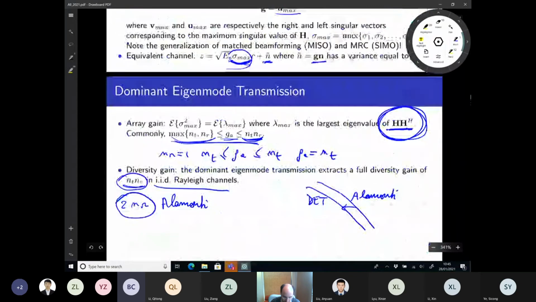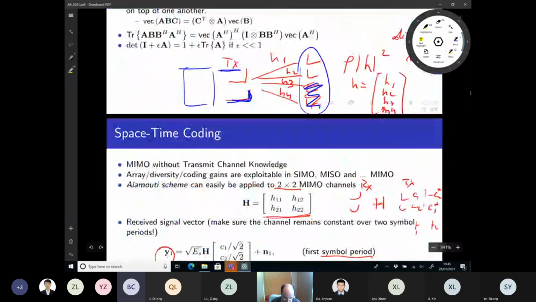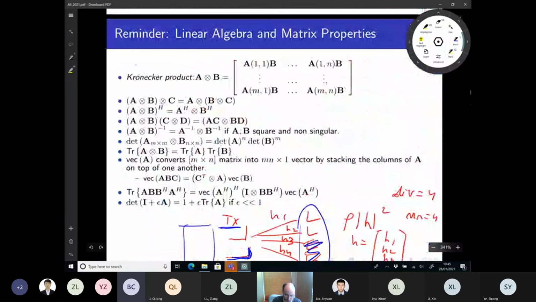In the reminders here you have the Kronecker products: you take any entry of A and multiply by B, so you get a very expanded matrix. Some properties of Kronecker products are given here. Not sure we're going to use them much. That's essentially the main thing that is important here.